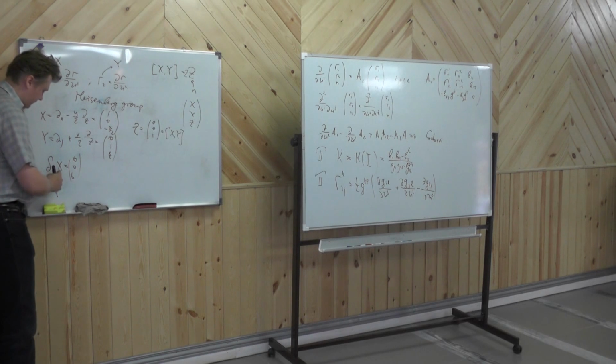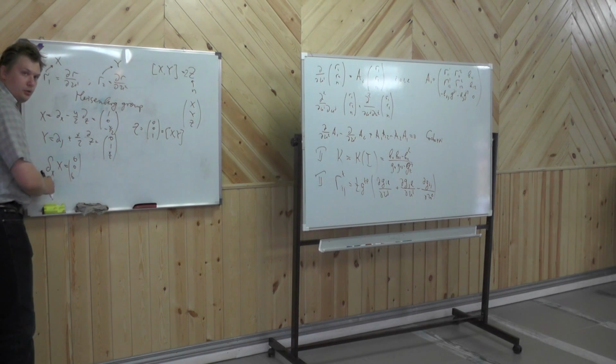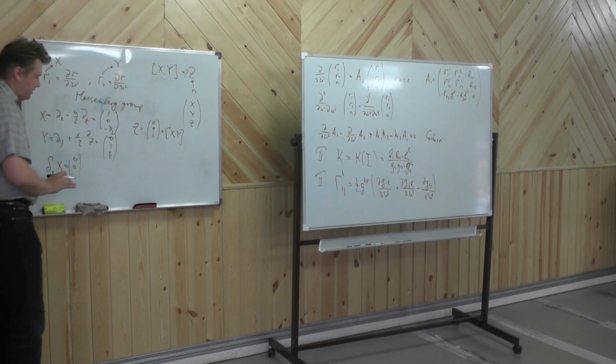So this is the derivative of vector field x along itself. So not the covariant derivative, but the standard derivative.